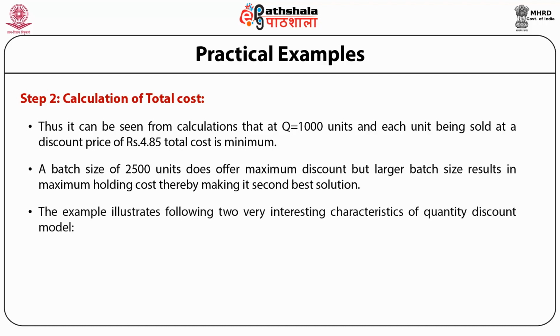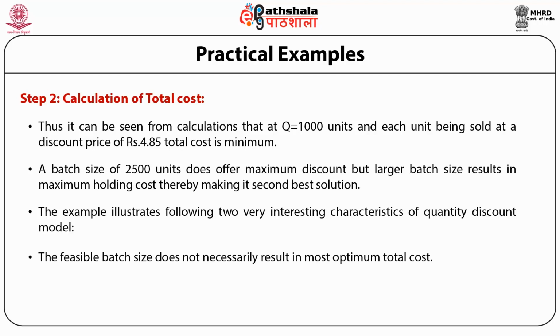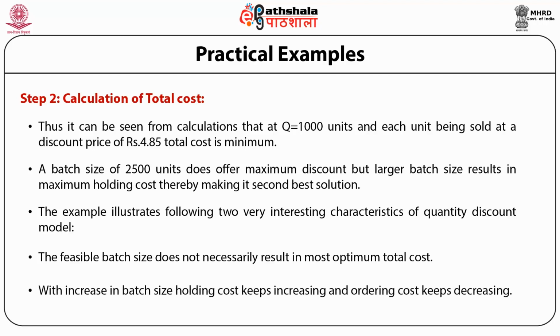The example illustrates the following two very interesting characteristics of the quantity discount model. The feasible batch size does not necessarily result in the most optimum total cost. With increase in batch size, holding cost keeps increasing and ordering cost keeps decreasing.